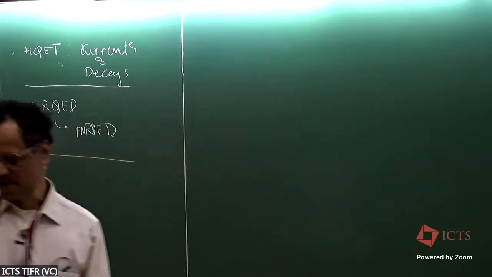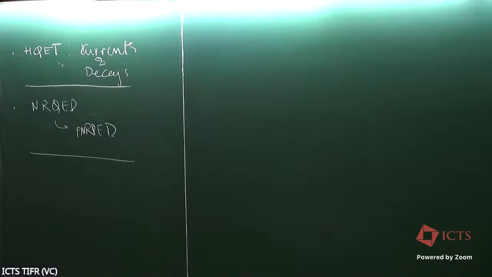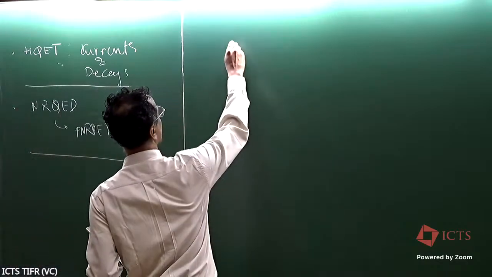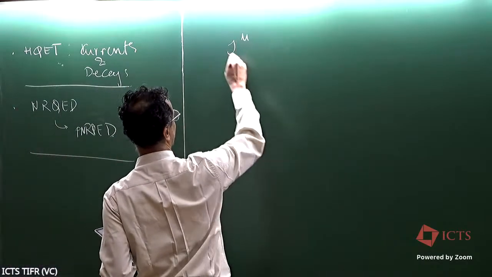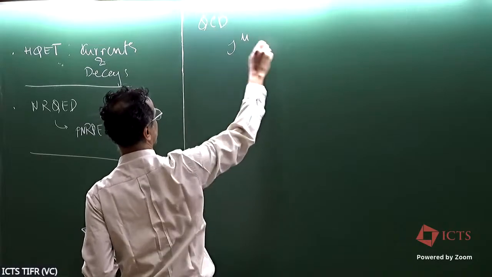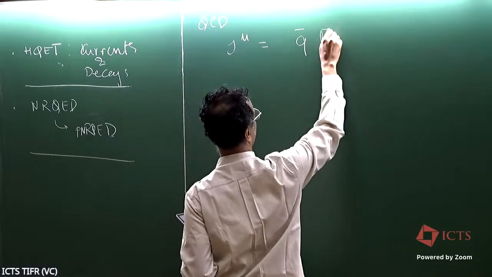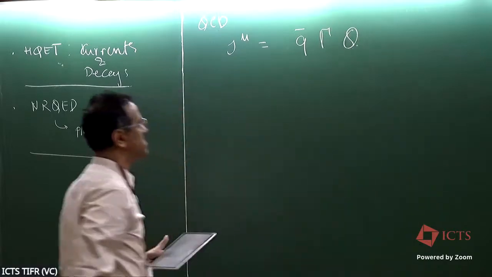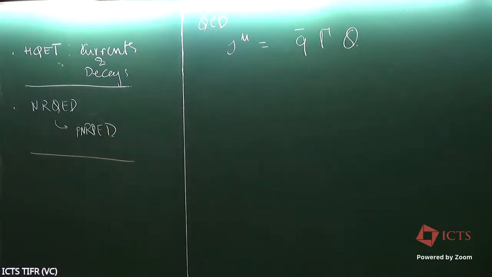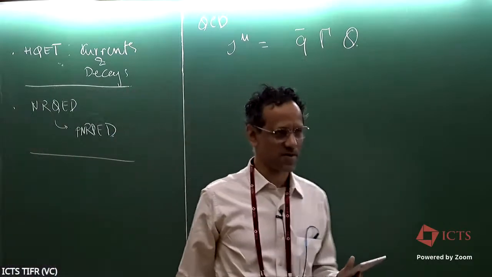And let's look at what happens to this when we reduce from QCD to HQET. So for example, a current in QCD will have the structure, let's say, q-bar gamma q. So gamma could be gamma mu or gamma 5 gamma mu.